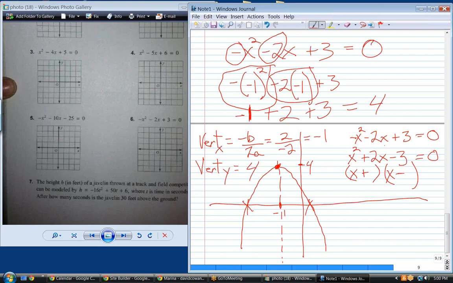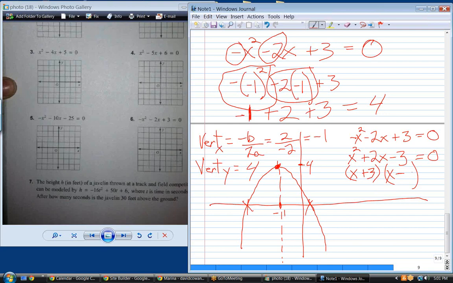Now, I'm looking for factors of 3 that subtract. Because that's a negative, I want factors of 3 that subtract to the number 2. Well, there's only 2 factors of 3, 3 and 1. And because the middle term has a plus sign on it, I'm going to put the larger factor with the plus sign.